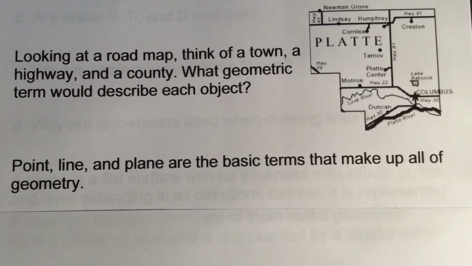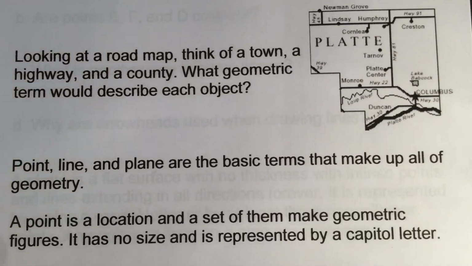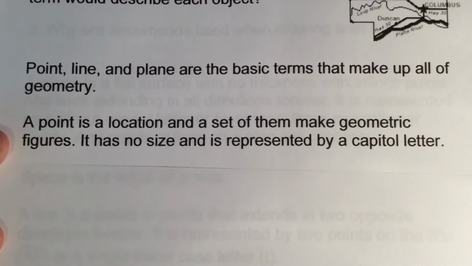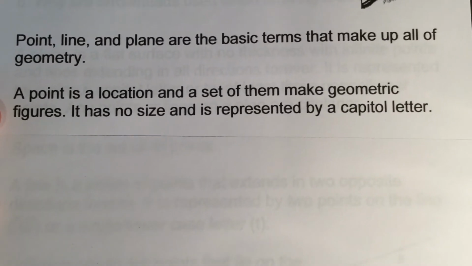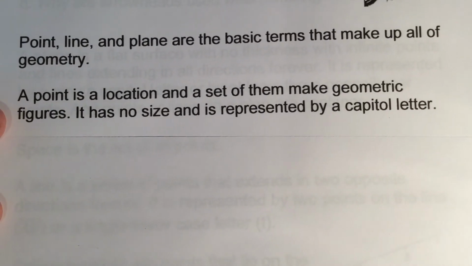So points, lines, and planes are the 3 basic terms that will make up all of geometry. A point is going to be a location, and a set of them make any geometric figure. So really, a point is our main building block of all geometry.